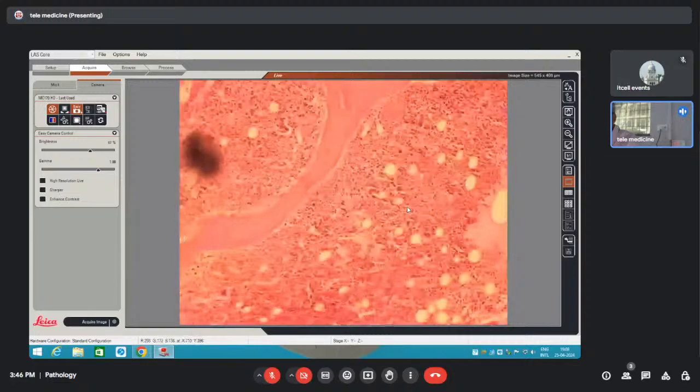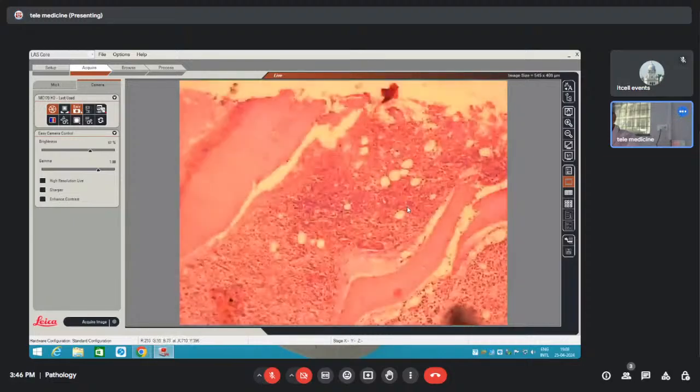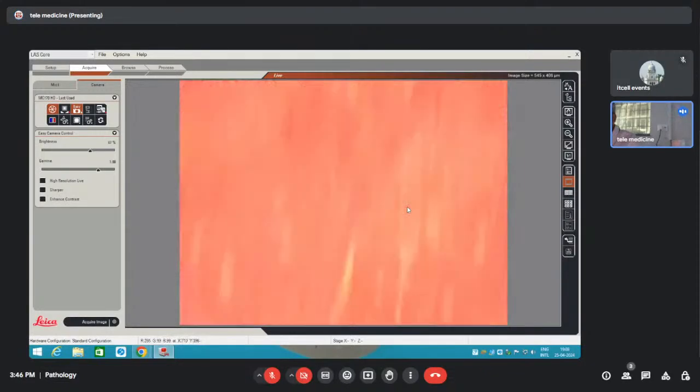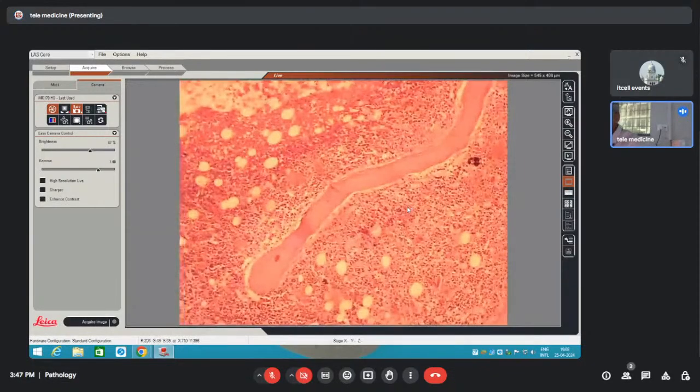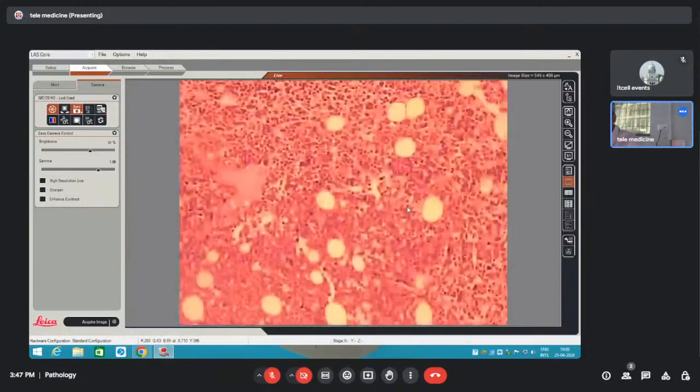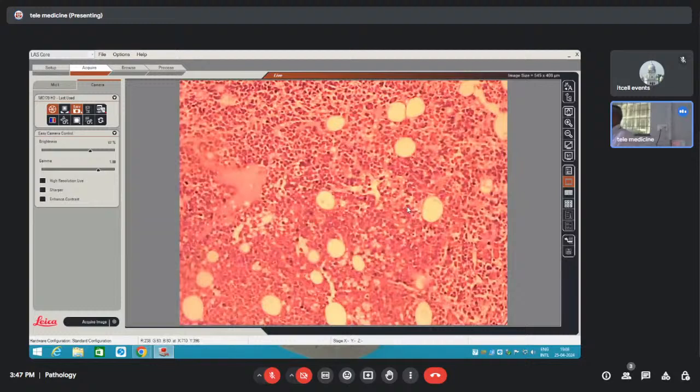So how does a plasma cell involve the bone marrow? It can be nodular, it could be interstitial, it could be diffuse, all three, right? And this is the biopsy, this is diffuse. So the question here is, what do you understand by syncytial sheets or syncytium? A normal plasma cell can have plasmacytosis also.